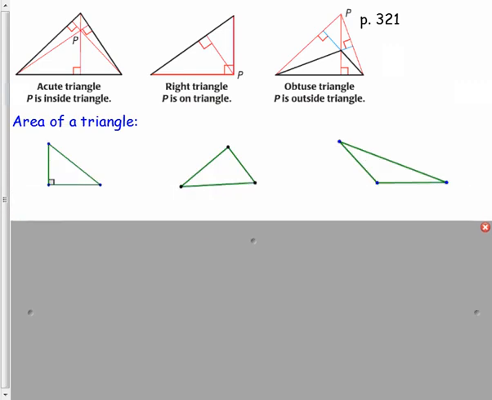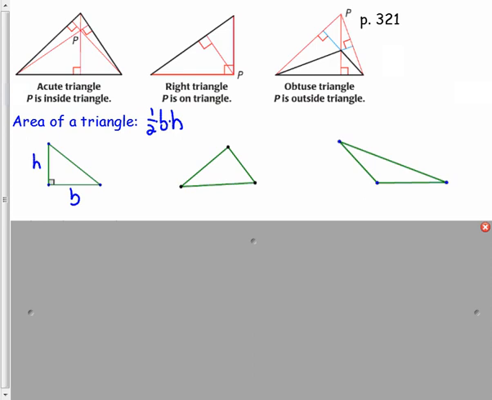Alright. Quick review, because area of a triangle is brought up in this section and it can be a little tricky. Formula for area of a triangle. Area equals 1/2 base times height. When you have a right triangle, it's pretty clear. Base, height.